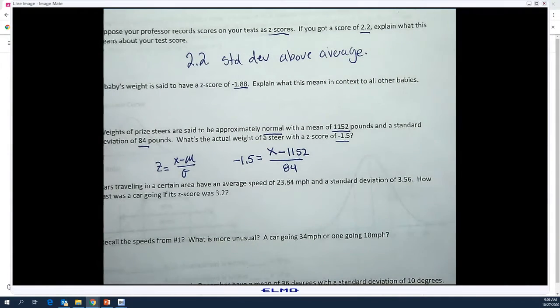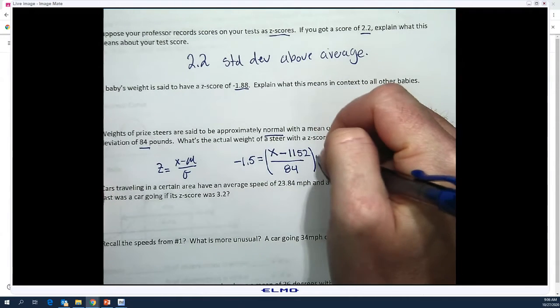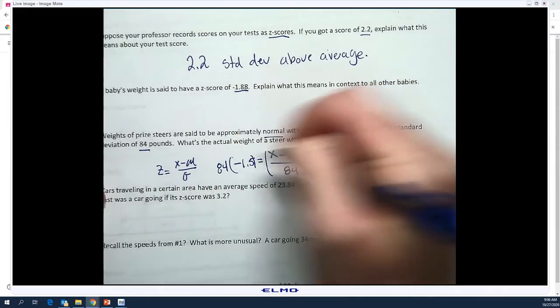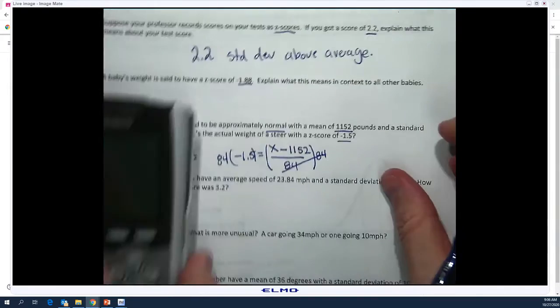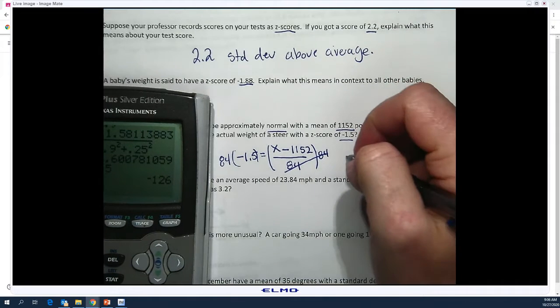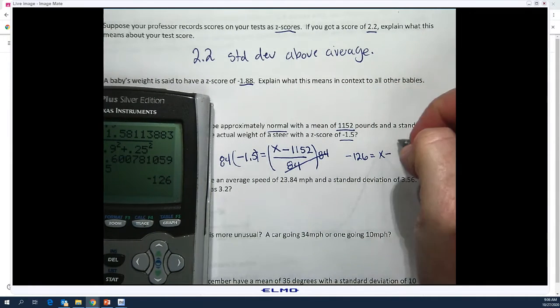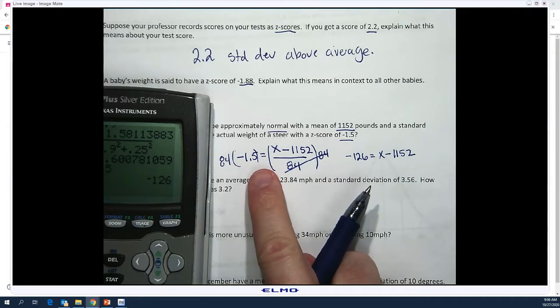So the first step we'll do is multiply both sides by 84. That's going to cancel out that denominator of 84. Very basic 2-3 step algebra problems here. And then to get our old calculadora, we say 84 times negative 1.5 would be negative 126, which is equal to x minus 1152, after we multiply both sides by the 84.